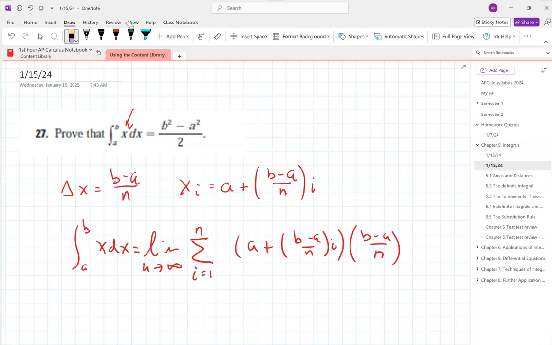Next up, let's see, what do I want to do with this? This piece doesn't depend on i anymore, so let's pull that out front of the sum.